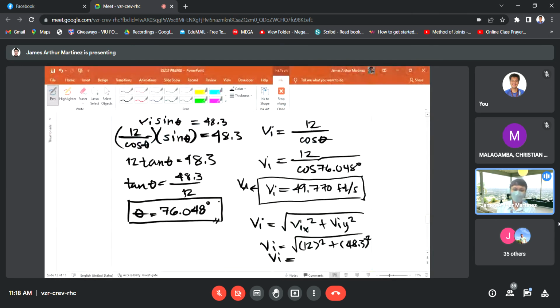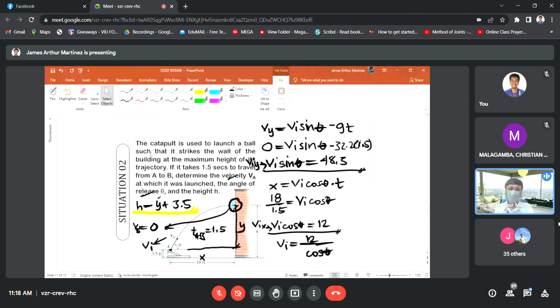Okay? Now, as I mentioned, your VI here should be equal to your VI here also. We solved VI using this equation, 12 over cosine theta. So the VI you get in this equation should also be equal to 49.77, for our computation to be valid.